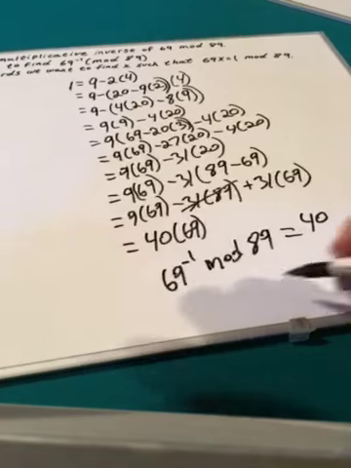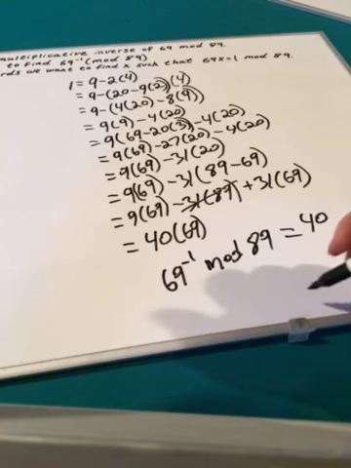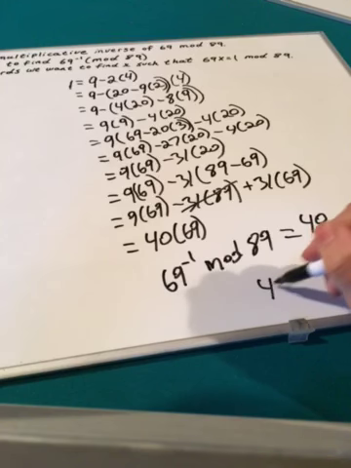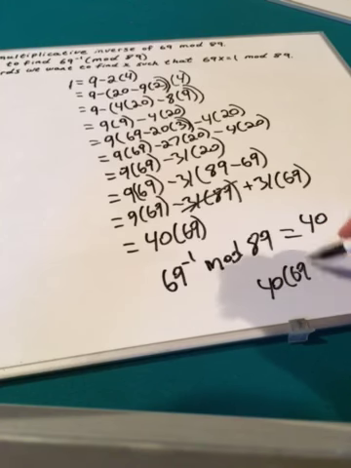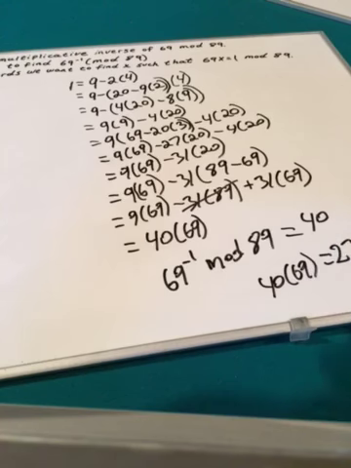What does that mean? That means that 40 times 69, which is, what is 40 times 69? 40 times 69 is 2,760, right? But what is that in mod 89?